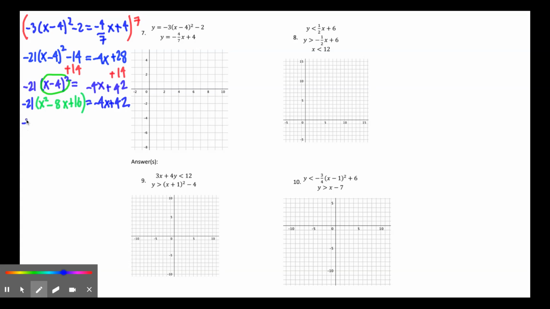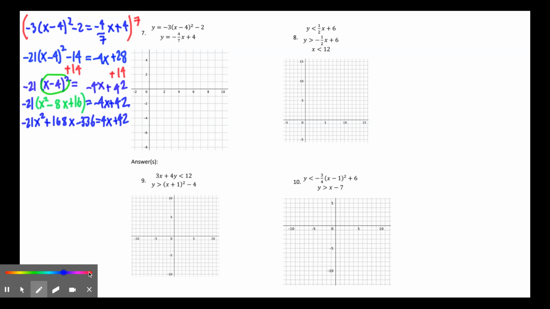And then you distribute this, plus 168x minus 336.